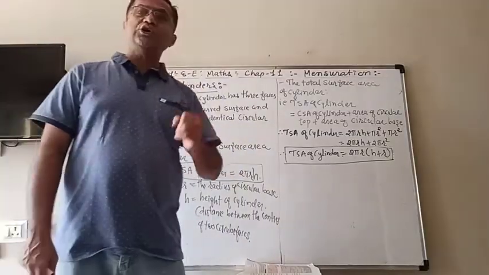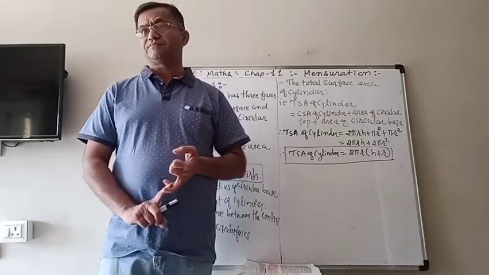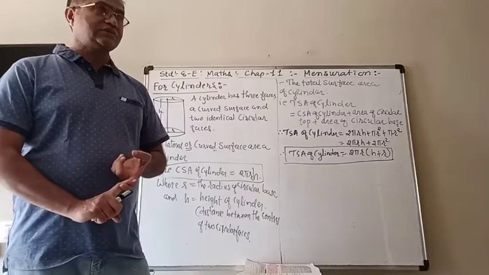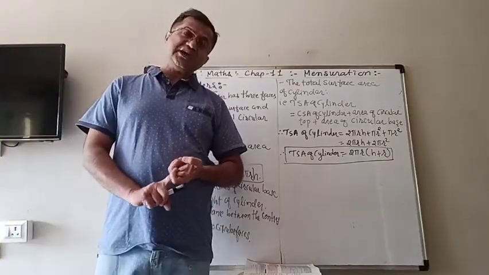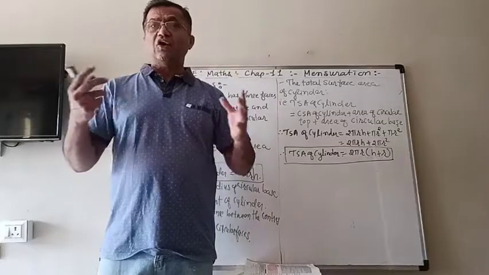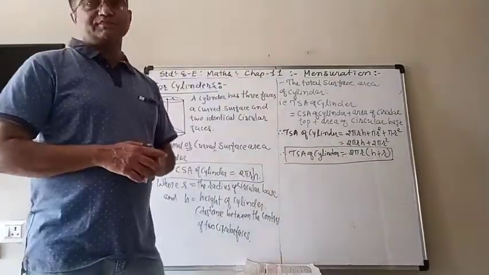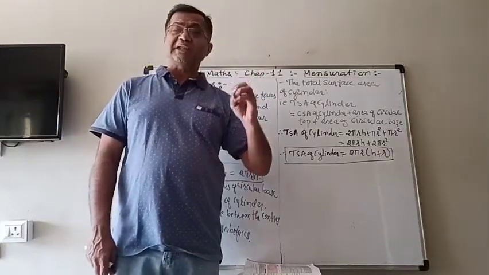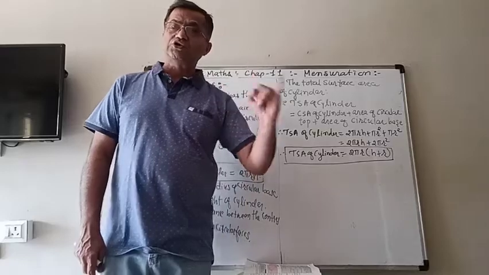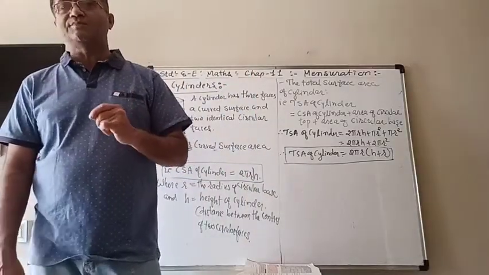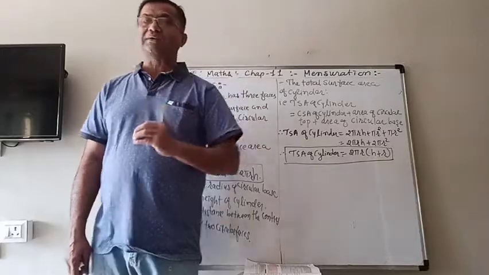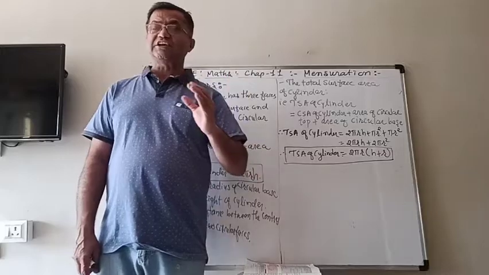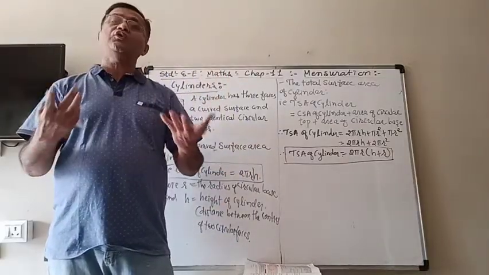Similarly, in the cube also we saw two formulas, TSA and LSA. In the cube, all the 6 surfaces are identical, they have equal areas. So if the side is L, then the TSA of cube was 6L square. And the LSA, in which only 4 sides, is 4L square.